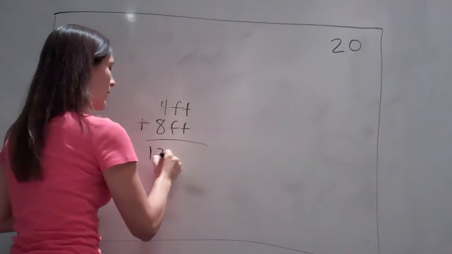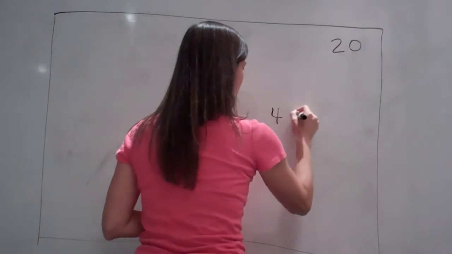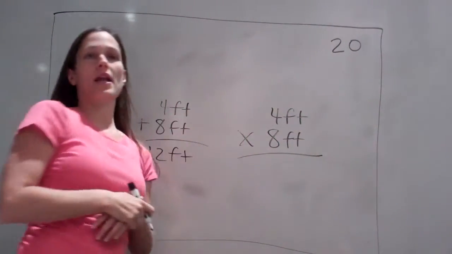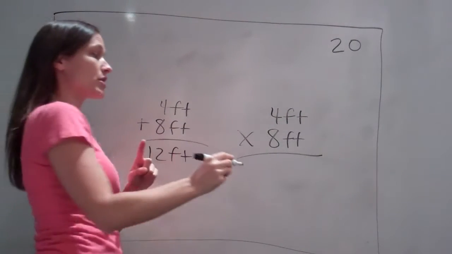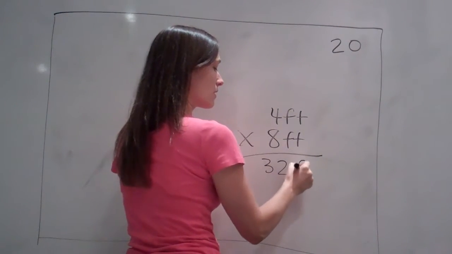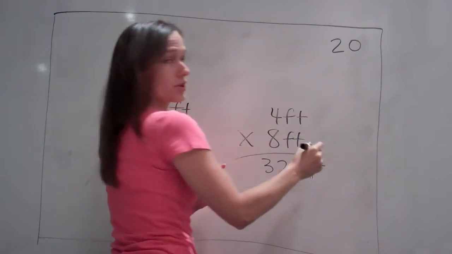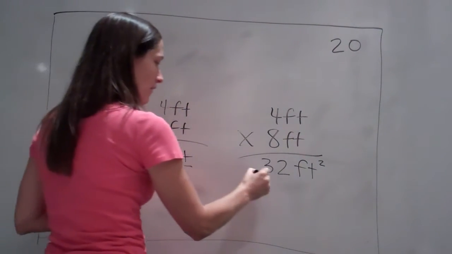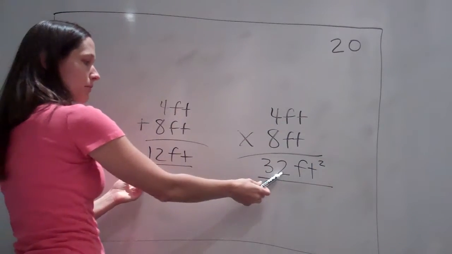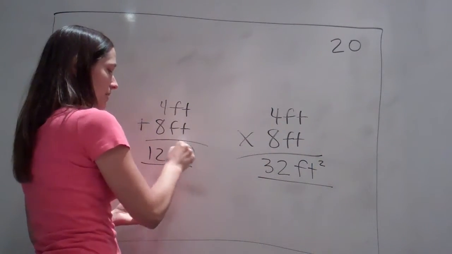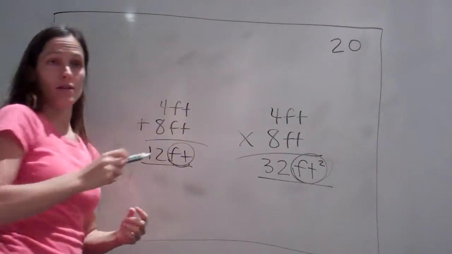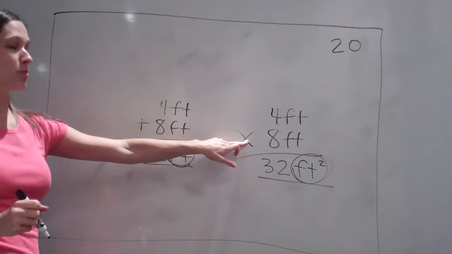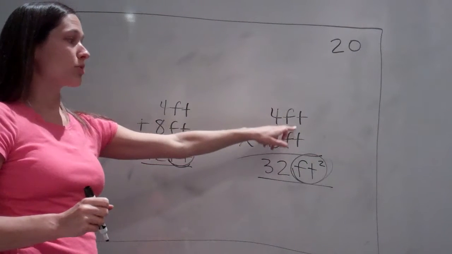But if I did 4 feet times 8 feet, what would I get? 32 feet squared. Does everybody see the difference between these two? Not really the numbers I'm talking about, but the difference in this. When you multiply, you also multiply the feet.